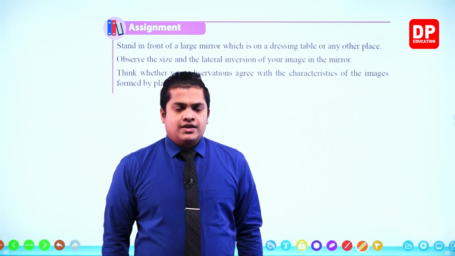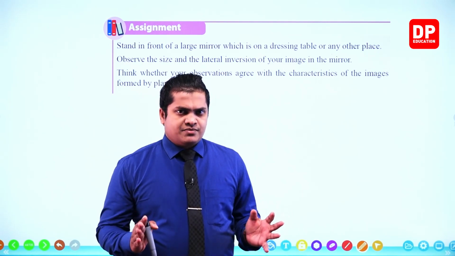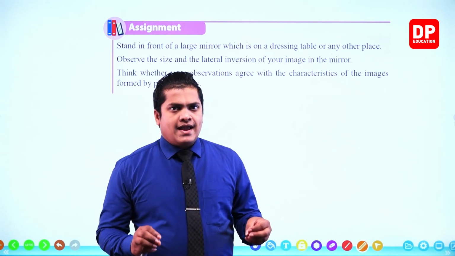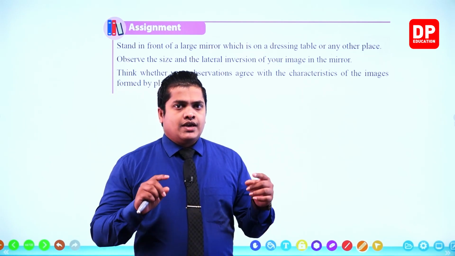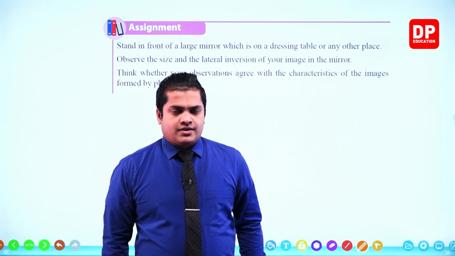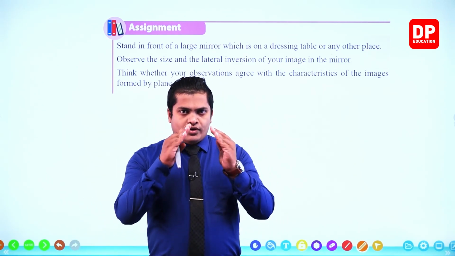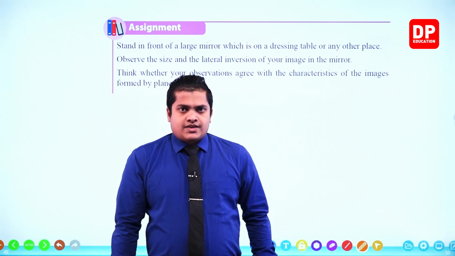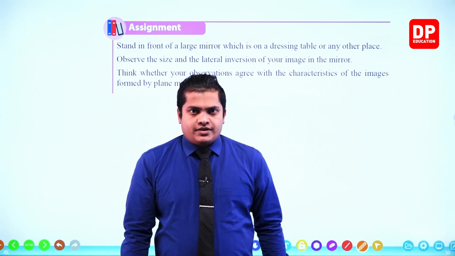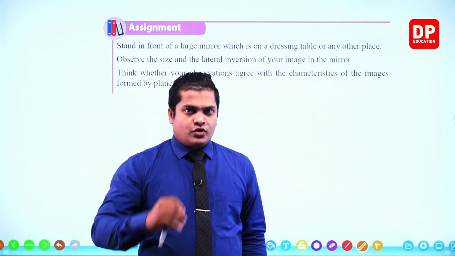Images are upright. You won't be able to observe the distance between you and the mirror and the distance between the image and the mirror. However, my dear children, you can do this. Go in front of a mirror and stand, then come forward. Observe what will happen to the image, whether it is coming forward or not.